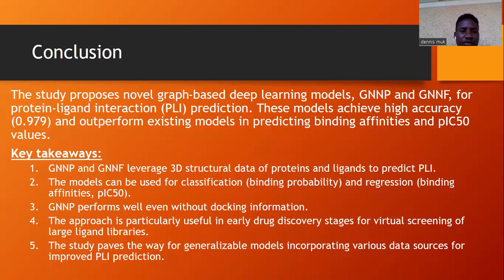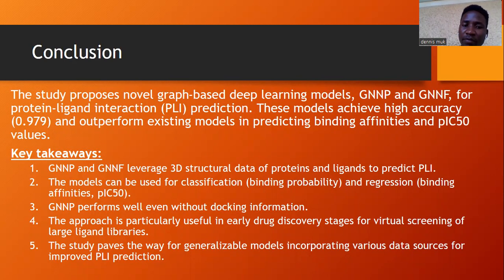In all the study that we've done here, I looked at a few keynotes that we can take out from this paper. One, the GNNF and the GNNP leverage 3D structure data of proteins and ligands to predict PLI. Two, the models can be used in classification and regression.